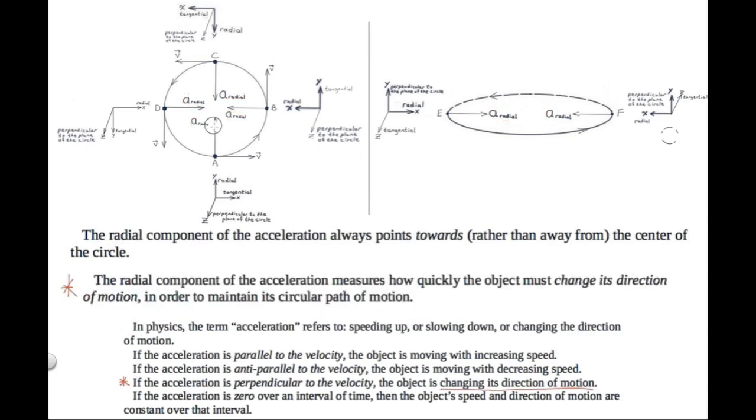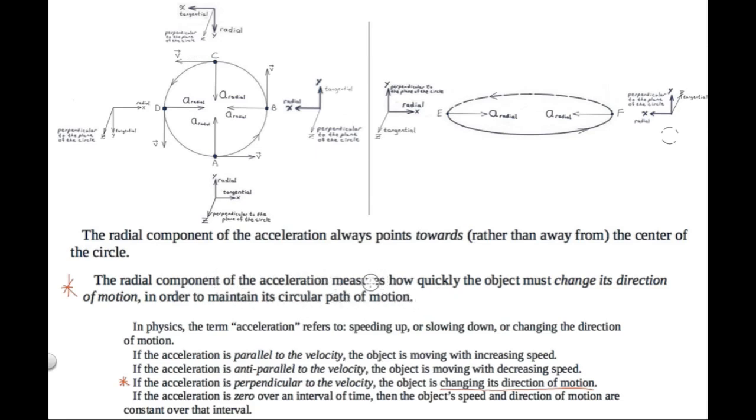The radial component of the acceleration is always perpendicular to the velocity. So, the radial component of the acceleration measures how quickly the object must change its direction of motion in order to maintain its circular path of motion.